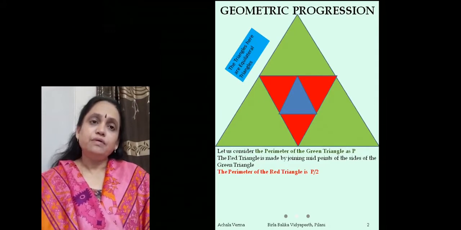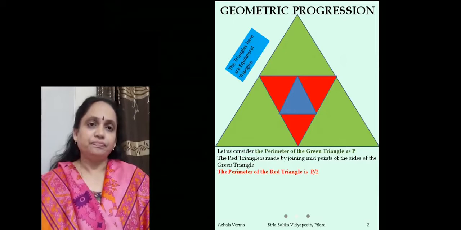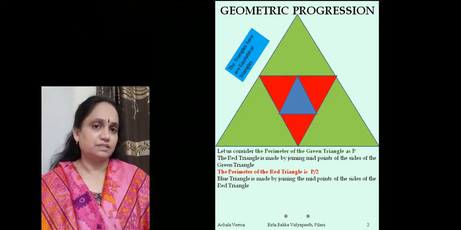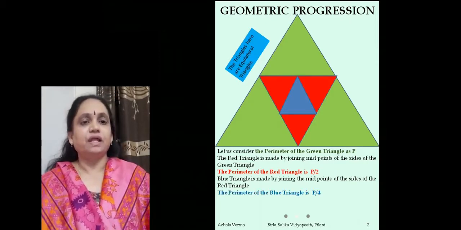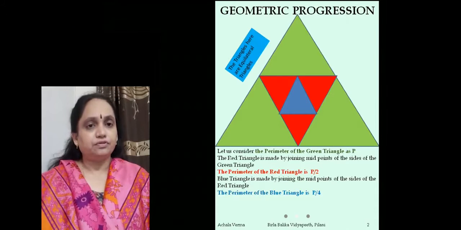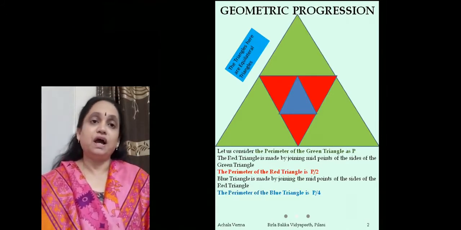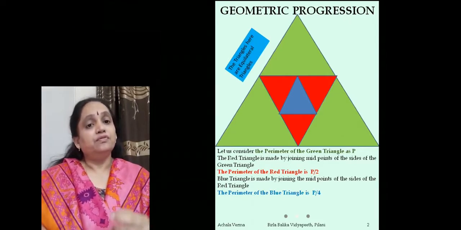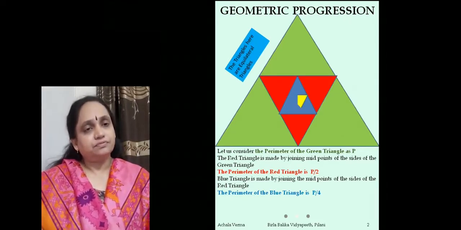If we join the midpoints of this red triangle, we get another triangle, whose sides are half of the sides of the red triangle. And therefore, the perimeter of this blue triangle would be half of the perimeter of the red triangle, and it will be 1/4 of the perimeter of the green triangle.